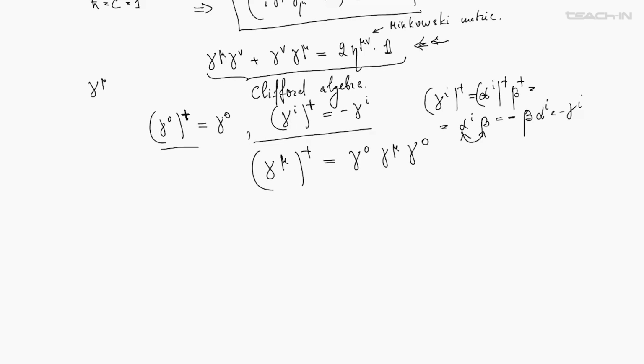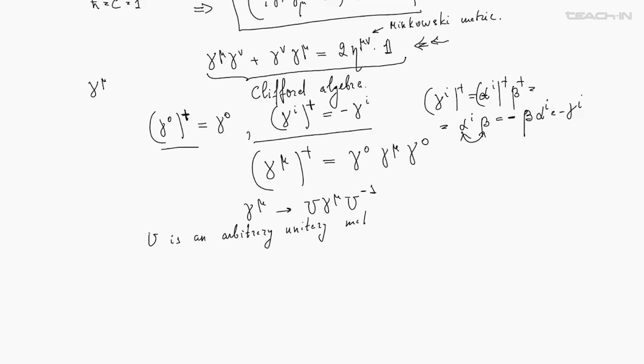And this can be recognized by noting that if we perform the following similarity transformation, so we take gamma mu and transform it in the way U gamma mu U minus 1, where U is an arbitrary unitary matrix.